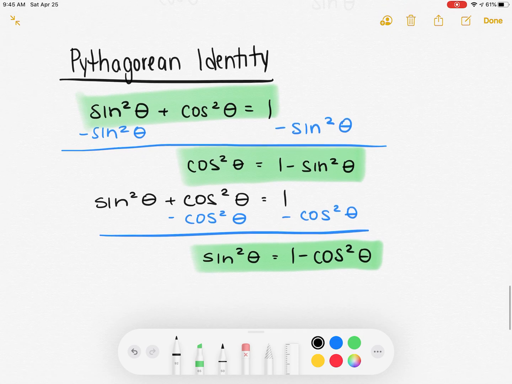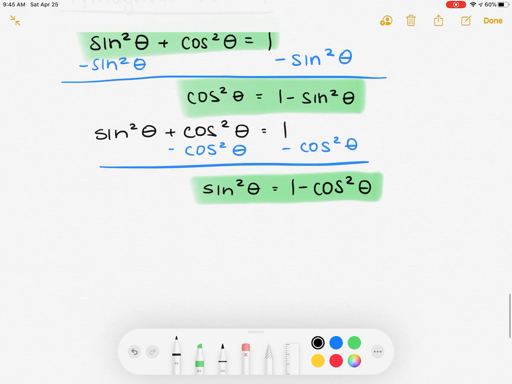You're also going to need one sum and difference identity.